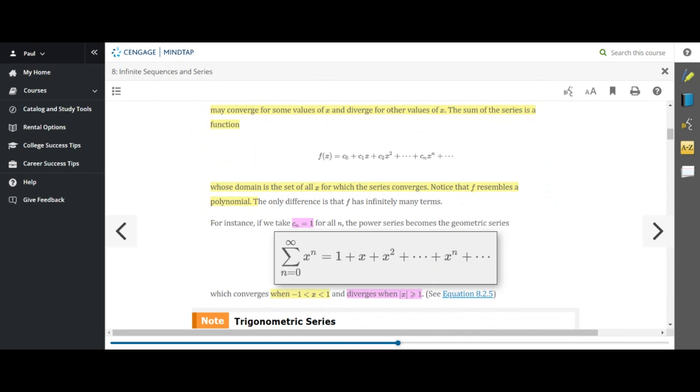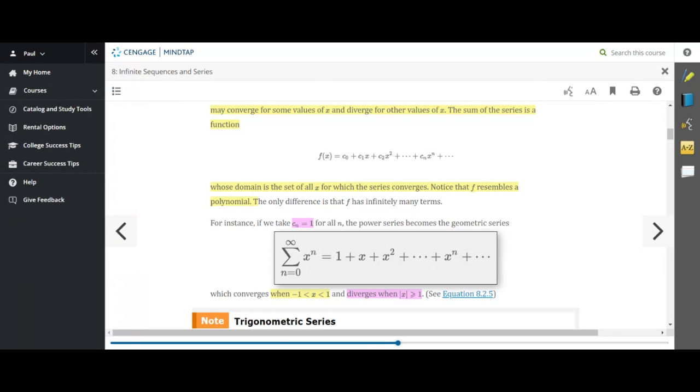Okay, so that power series in the highlighted gray box, it's 1 plus x plus x squared plus x cubed, and so forth. That is a geometric series with a common ratio x. And it converges when the absolute value of x is less than 1, or when x is between -1 and 1.